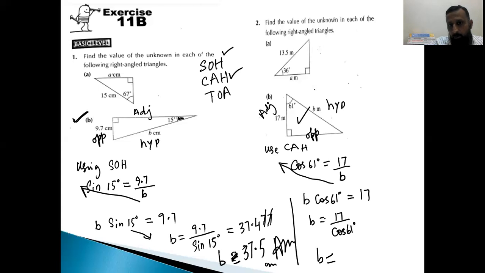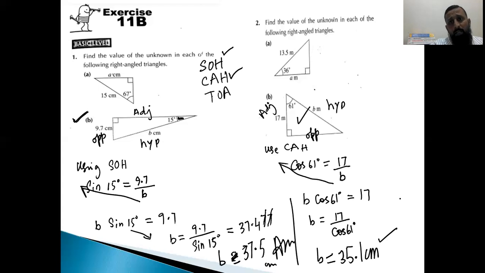Bring the cursor down and then cos 61. Close the bracket and your final answer is found to be 35.06. I'll round it off and I'll give my answer as 35.1 centimeters. So that is the correct answer.